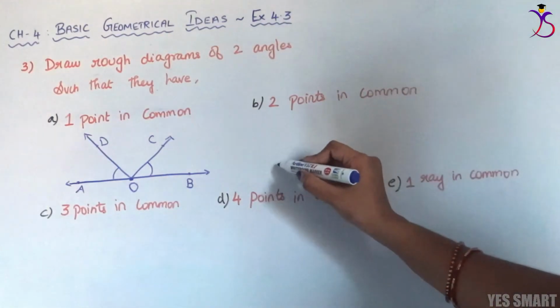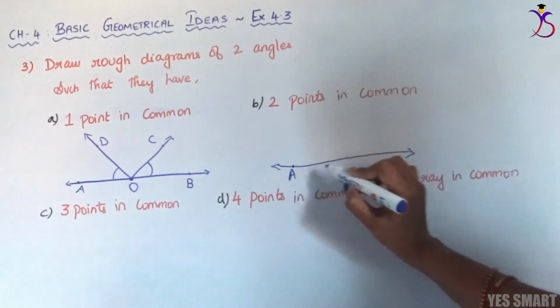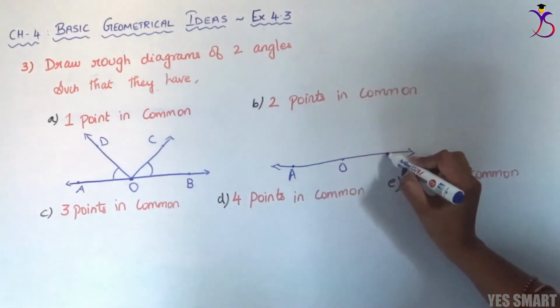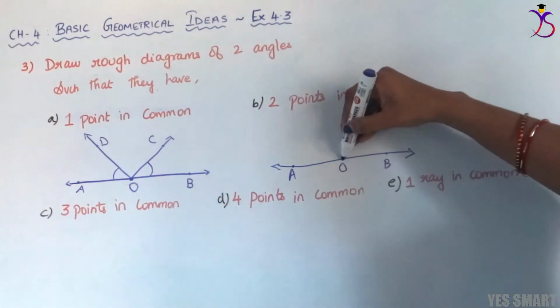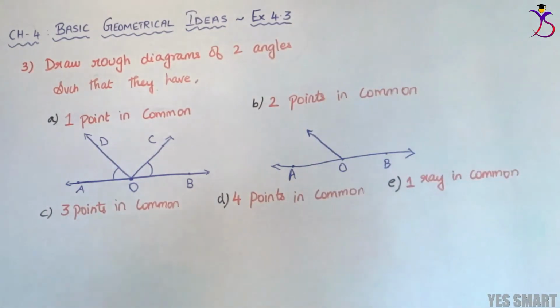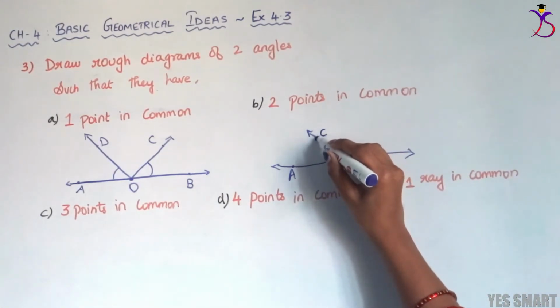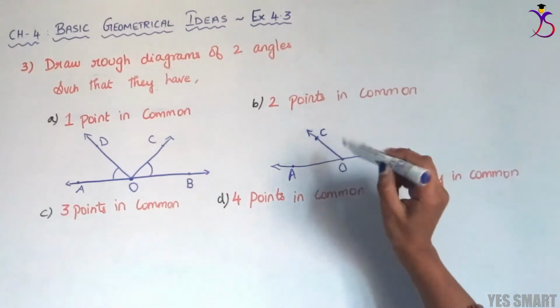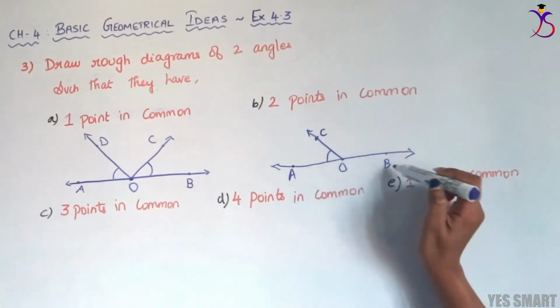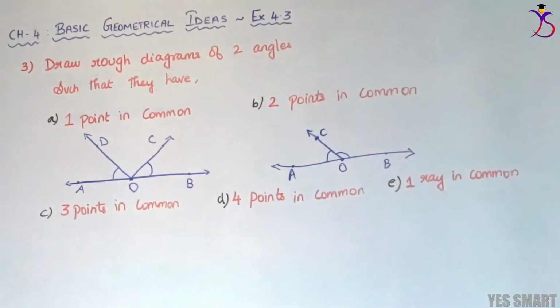So let's draw the baseline AOB and we will draw a ray from the point O. Let's name it as point C. Therefore OC is a ray. Now for the angle AOC and the angle COB, we have 2 points in common, point O and point C. Thus we have 2 angles and 2 points in common.